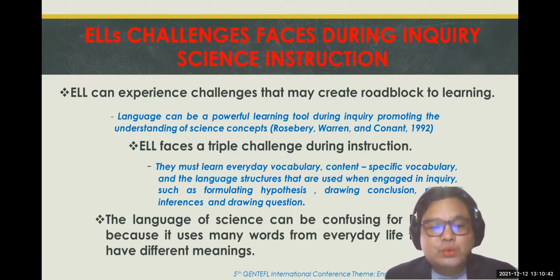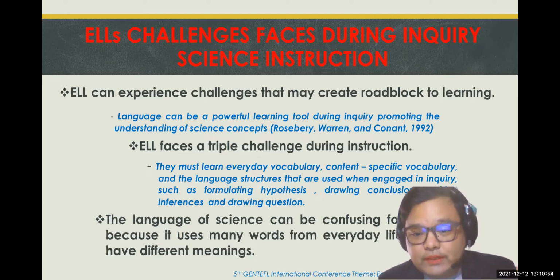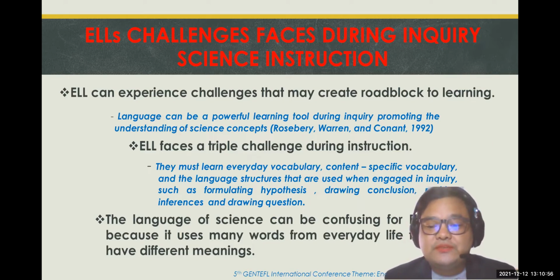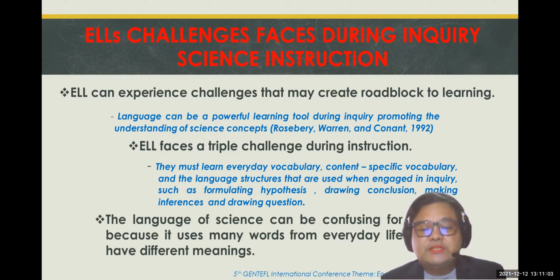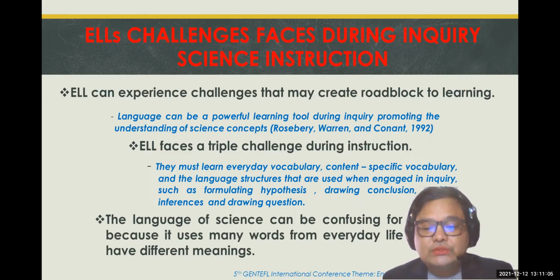So what are those? ELLs face threefold challenges during instruction. The English language learner must learn vocabulary, content-specific vocabulary, and the language structures that are used when engaged in inquiry, such as formulating hypotheses, drawing conclusions, making inferences, and asking questions.